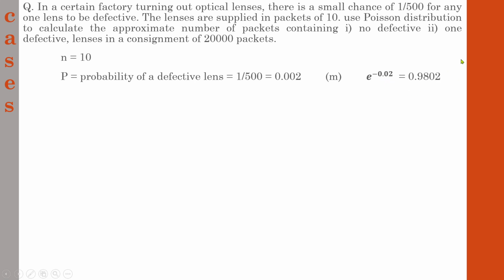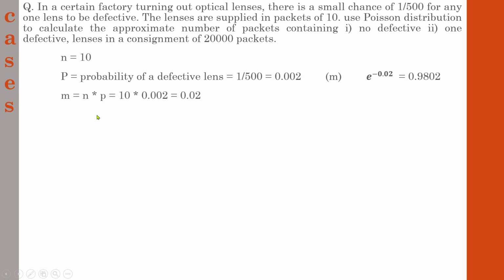Once you find the value of e raised to minus m, that value is permanent. Here you have to find for only two cases, one defective and none defective. Even if you are given a question where you need to find answers for 100 cases, e raised to minus m will be the same.